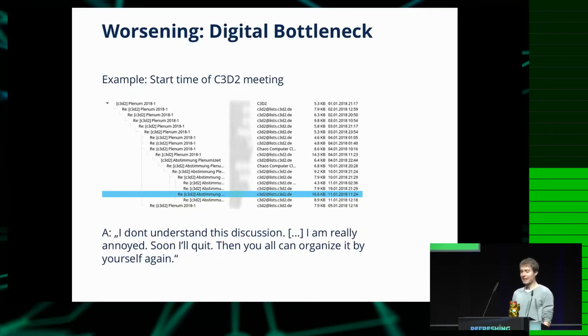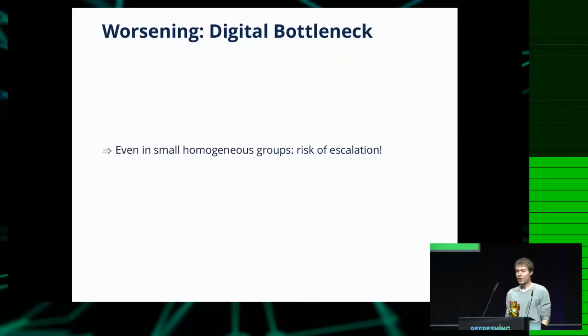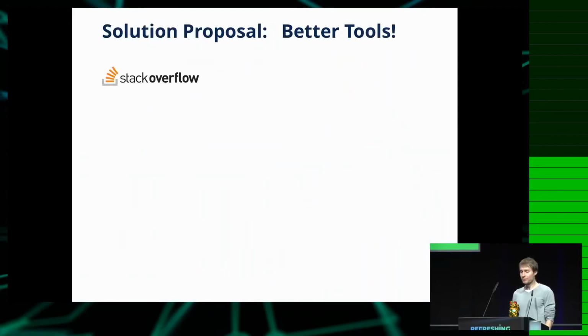So this is an example of a quite simple topic which led to a complete breakdown, or almost complete breakdown, of communication. So even in small homogeneous groups, there's the risk of escalation. And my solution proposal is that we should use better tools.